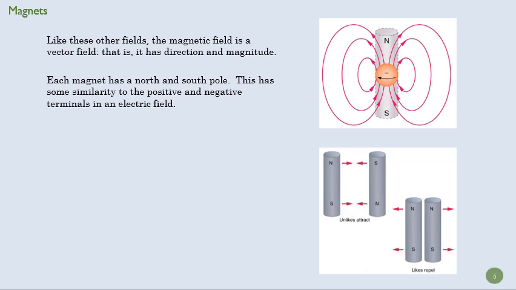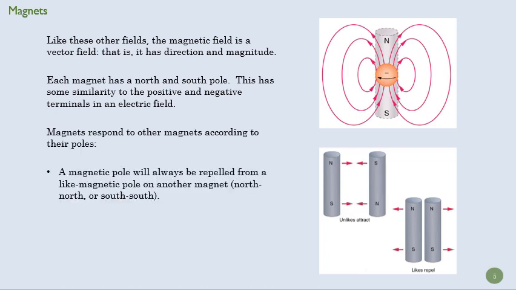And they are attracted to each other by their poles. A magnetic pole will always be repelled by a like pole and always be attracted by an unlike pole. So that way it's similar to when we talk about electric charges. So a north pole is attracted to a south, but if I try to push two magnets together like this, the north poles are going to repel and the south poles are going to repel each other.